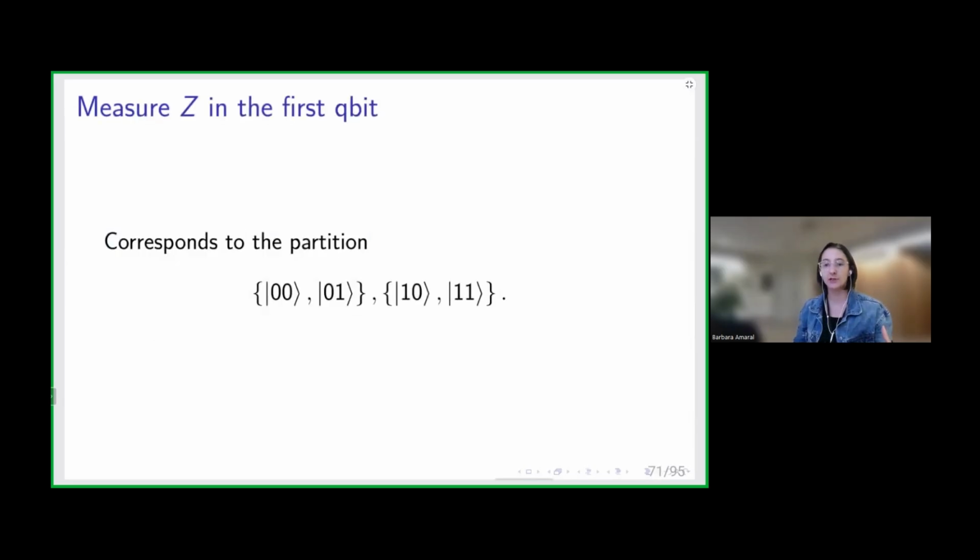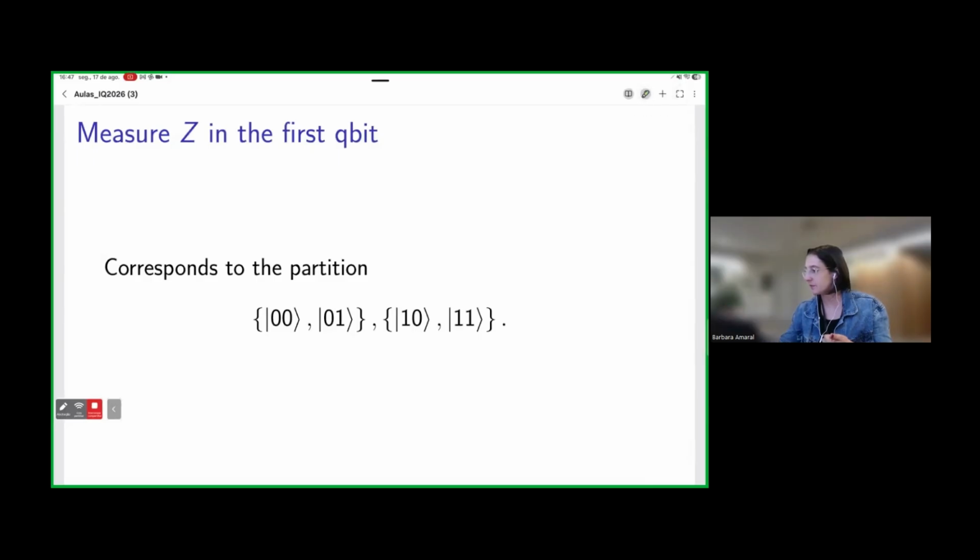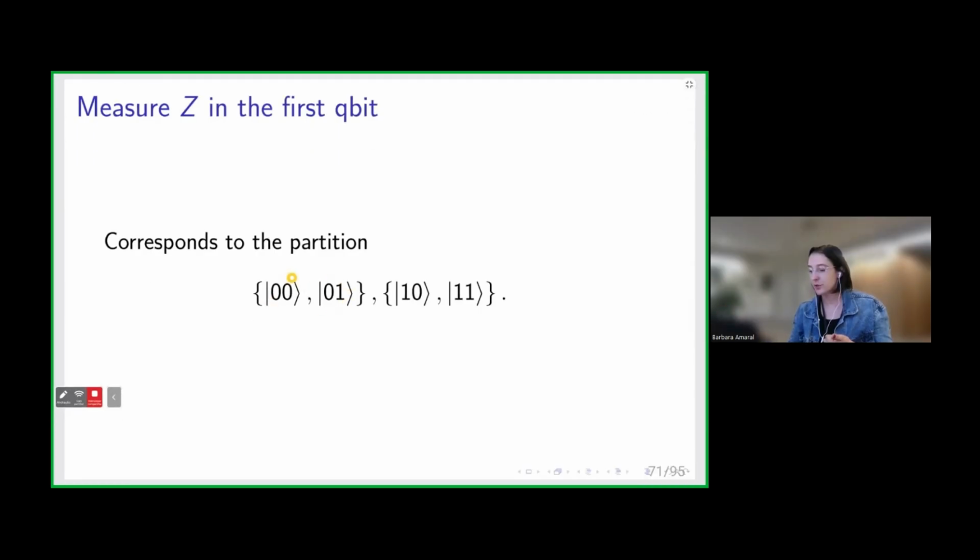So for example, I can just measure Z in the first qubit. I don't care about what happens with the second qubit, just what happens with the first. So now my outcomes would correspond to these partitions. These two vectors correspond to outcome 1 for the measurement Z in the first qubit, and these two vectors correspond to outcome -1.